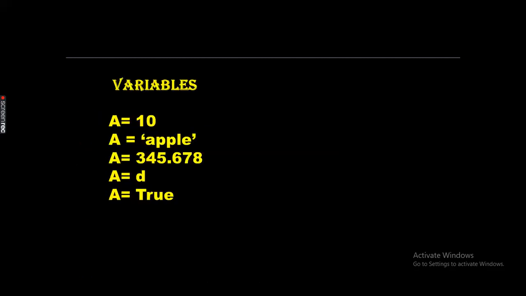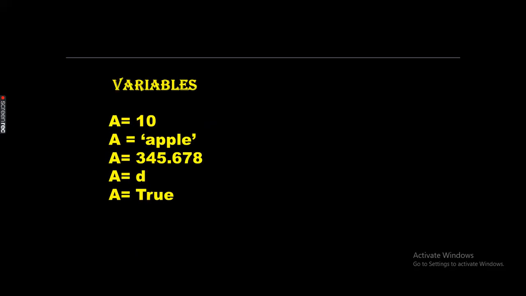So let's suppose you want to assign the value 10 to a variable a, or assign the value apple to a variable. So a is a variable, and these are values. You can assign any type of data to a variable, and based on the data, the type may change.